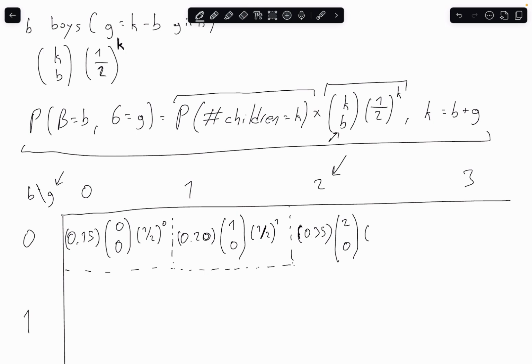Like at first, probability of having 0 boys multiplied by probability of having 2 girls. We can write this like this too, but let's just combine it like we write in here.